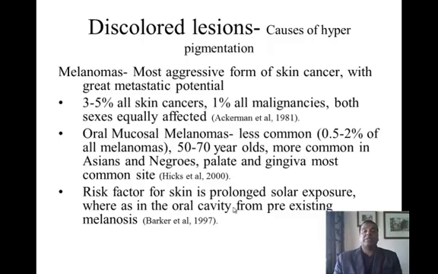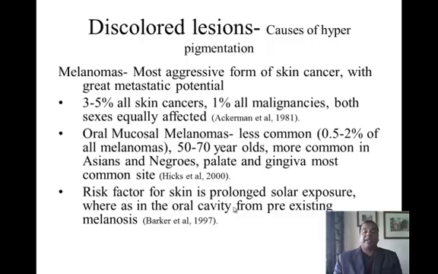Melanomas are the most aggressive form of skin cancer with great metastatic potential. 3 to 5% of all skin cancers are melanomas, 1% of all malignancies. Both sexes are affected equally. Oral mucosal melanomas are less common, 0.5 to 2% of all melanomas, and mainly in 50 to 70-year-olds, more common in Asians and Africans.